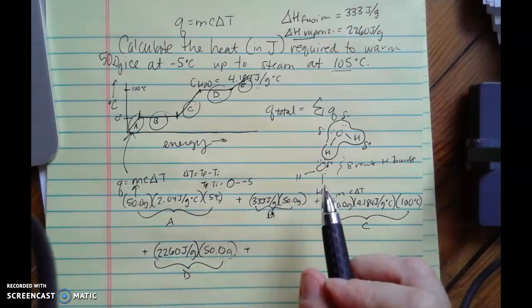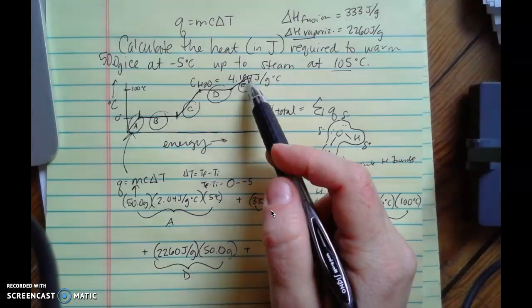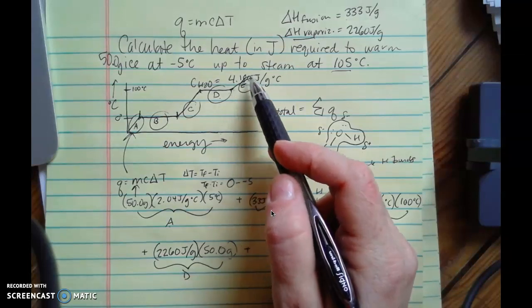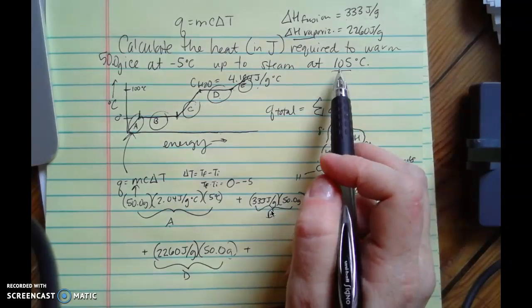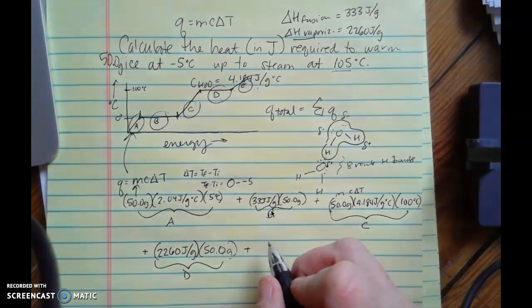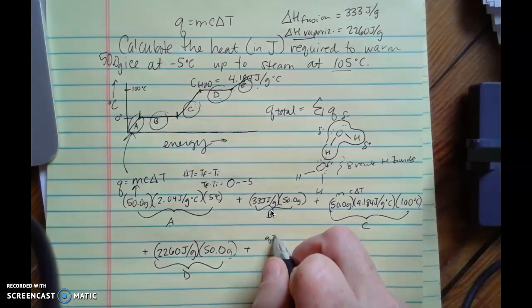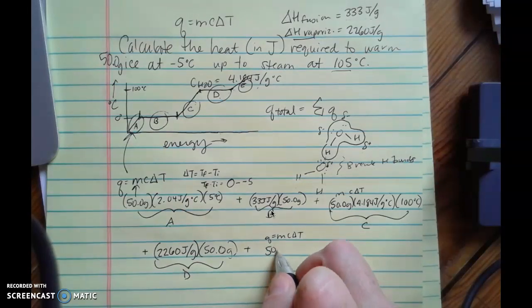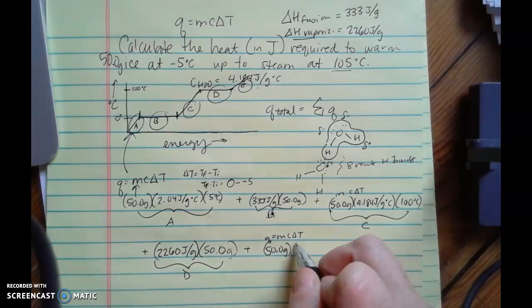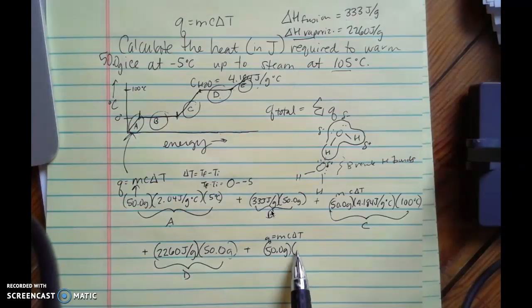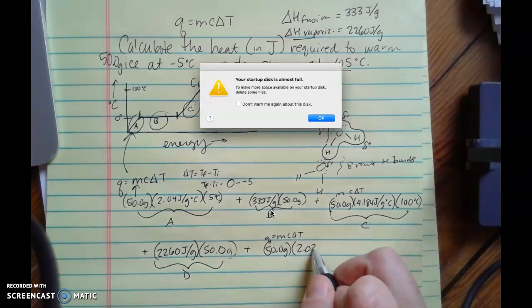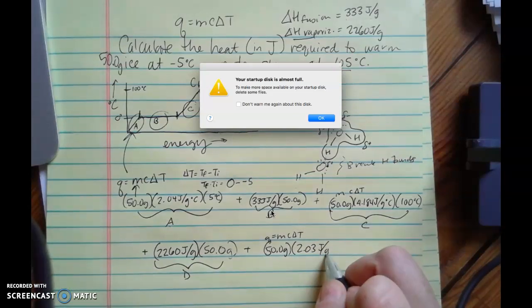And then the last little bit of energy I need to input is to take my gas, my steam that's at 100 degrees, and heat it 5 more degrees to get it to 105 degrees Celsius. So that will be a Q equals MC delta T, but for steam. And so my mass is still 50 grams. The specific heat capacity for steam is almost the same as ice, 2.03 joules per gram degree Celsius.